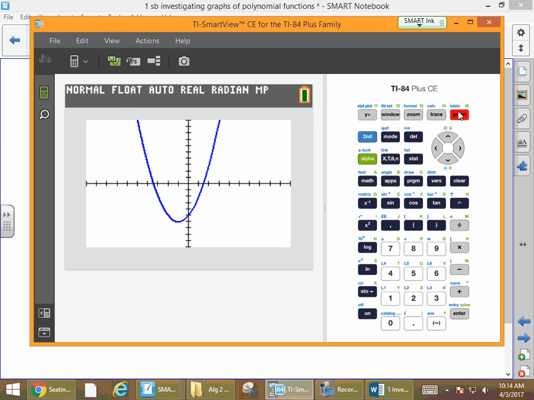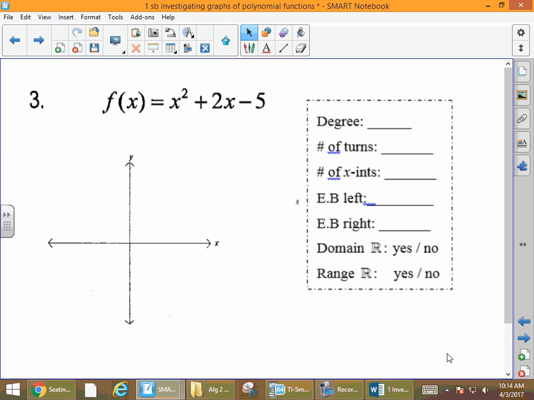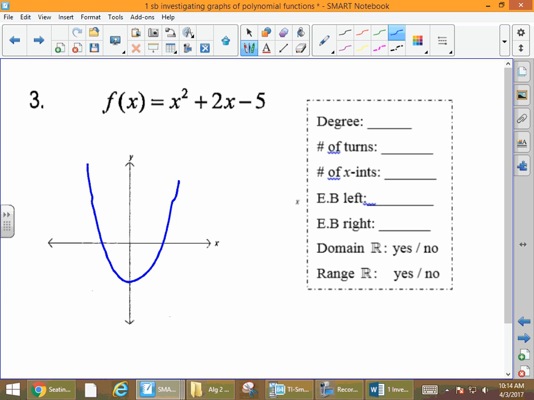And we're going to sketch that on our grid. Nothing fancy. It's a sketch.